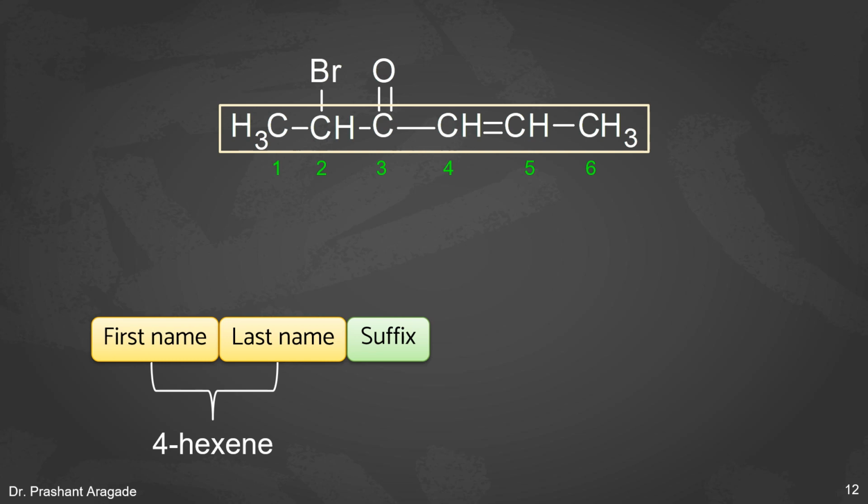Now it's time to add the suffix. So suffix is derived from the functional group. So here functional group is ketone. So for ketone functional groups we use ONE as a suffix. If you observe, the ketone functional group is present at 3rd number position, so mention its position number like this. So always remember the position number and suffix or name is separated by hyphen.